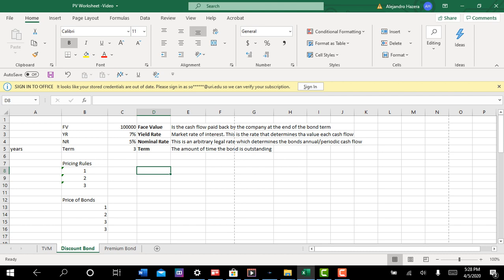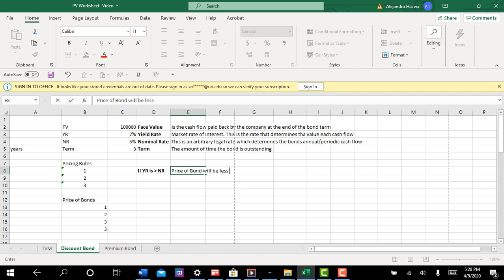And what we're going to say is, if the yield rate is greater than the nominal rate, then the price of the bond will be less than the face value of the bond.